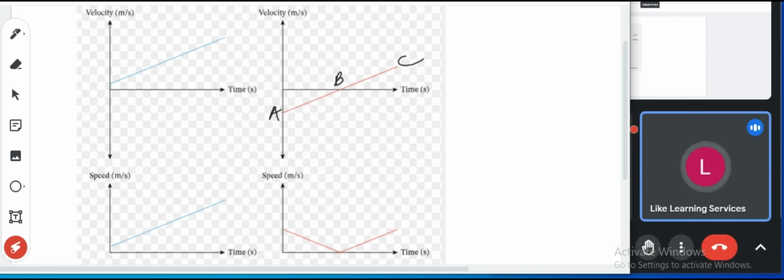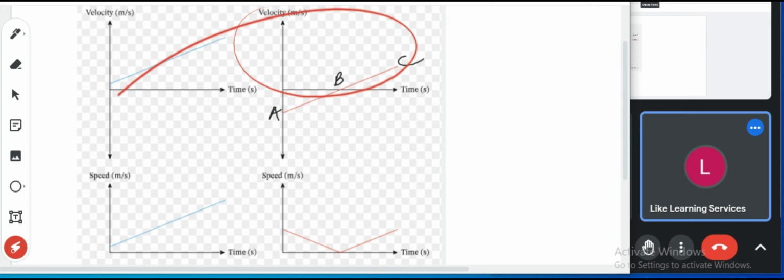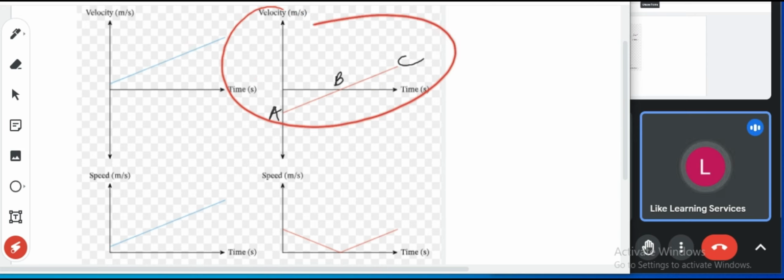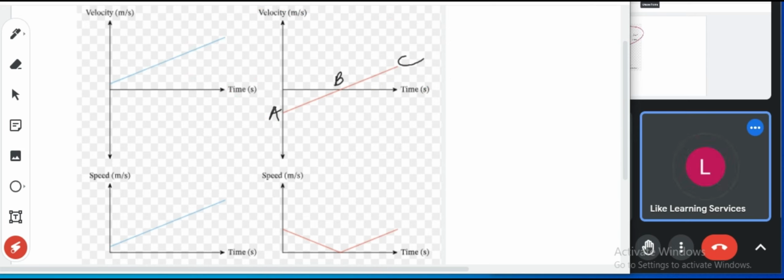Speed is a scalar quantity, unlike velocity that is a vector quantity. Velocity being a vector quantity, you have to have the direction specified. When it is in one direction, it should be at one side of the time axis. If it is in the other direction, it should be at the other side of the time axis.